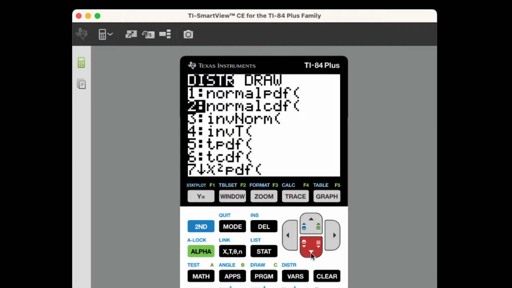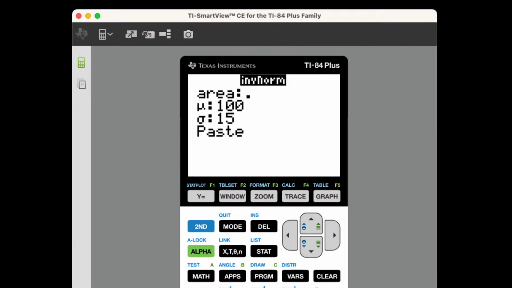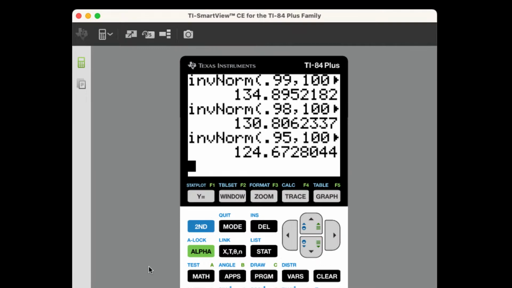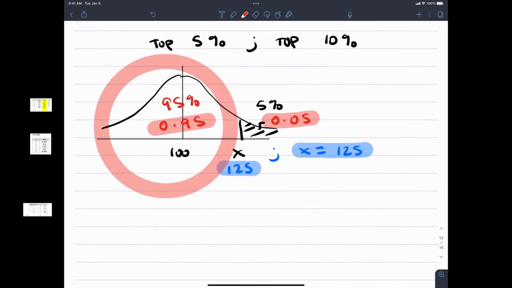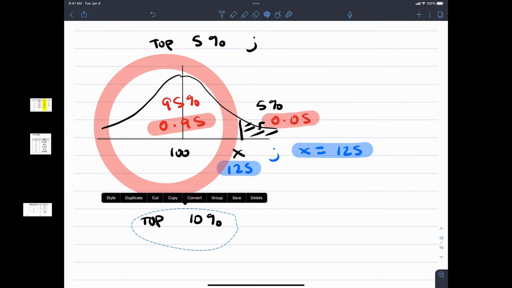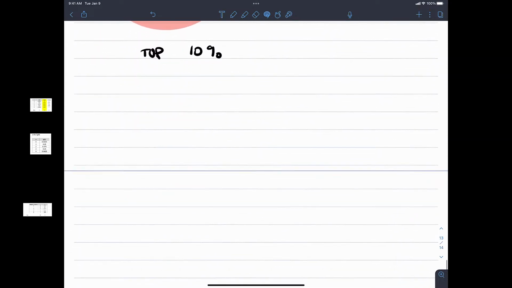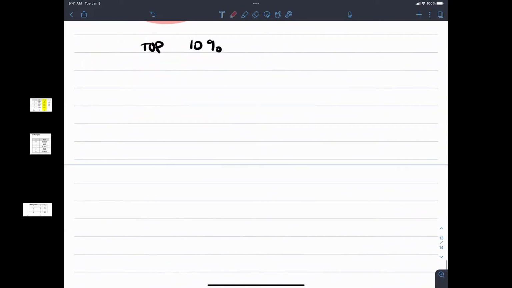Second distribution, inverse norm, at 0.95. Uh-oh. What is that to the nearest whole number? That's what we had before, 125. Top 10%.